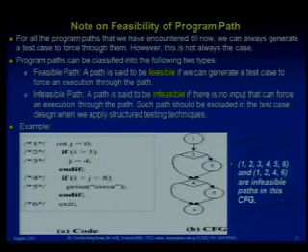Now I would like to highlight another property of paths in a control flow graph. For those paths that we have seen in our example, we can always design a test case to exercise them. That means we can always find input values to satisfy the conditions of all the branches that the path passes through.